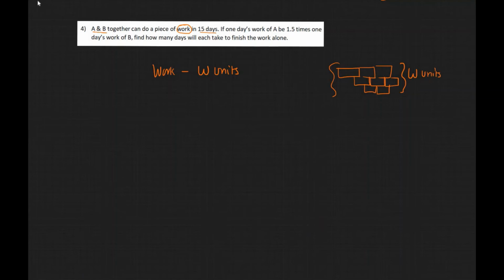Now, a piece of work can be completed by A and B in 15 days. So A and B take 15 days to finish this W units of work. 1 day's work of A will be 1.5 times 1 day's work of B. And the question is, find how many days will each take to finish the work.